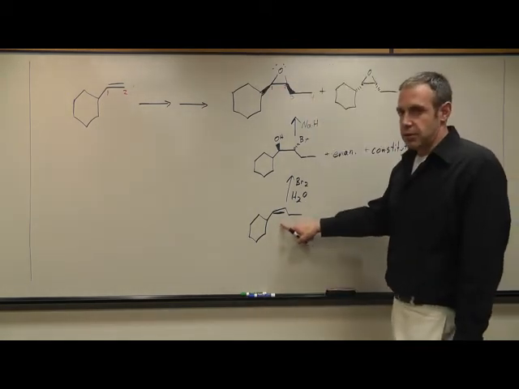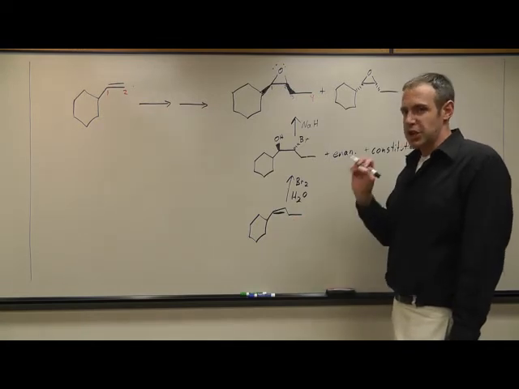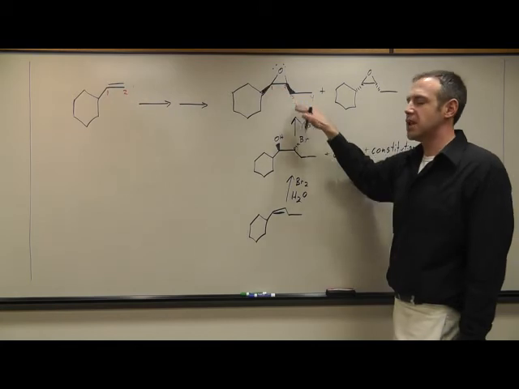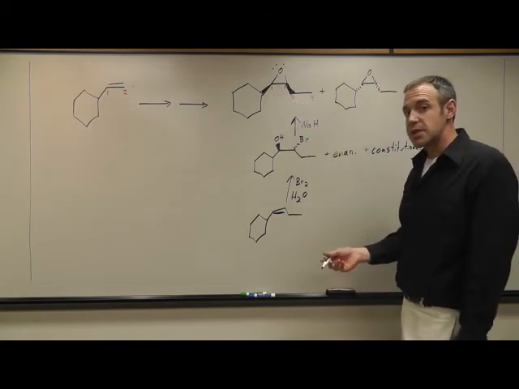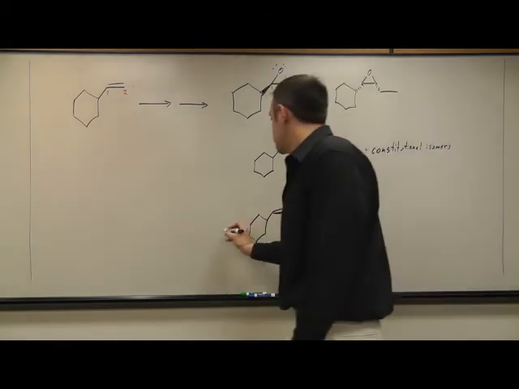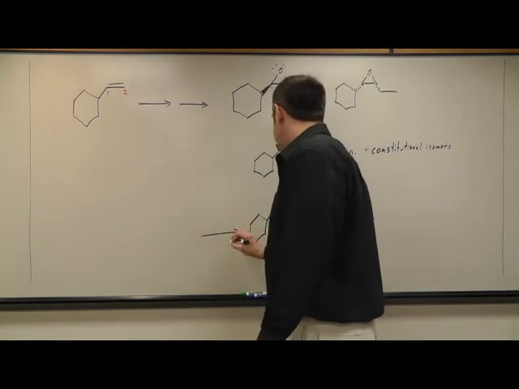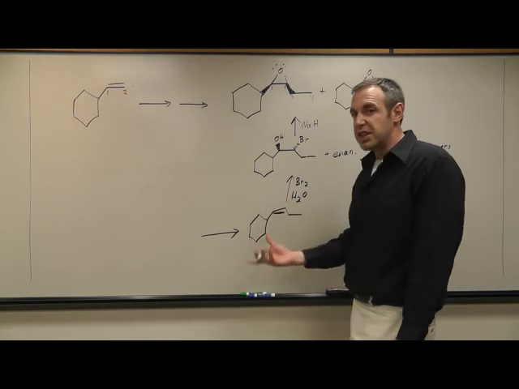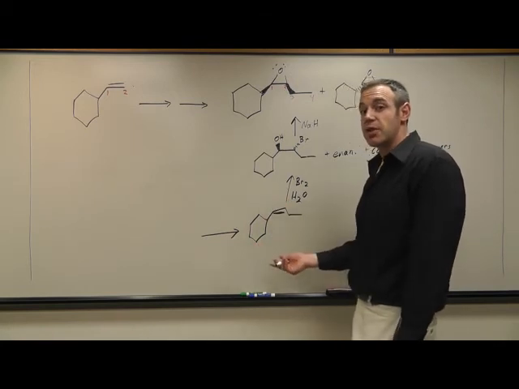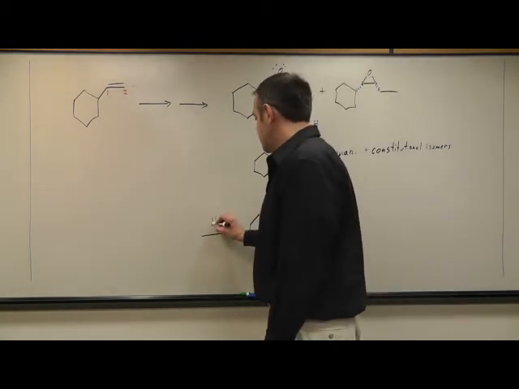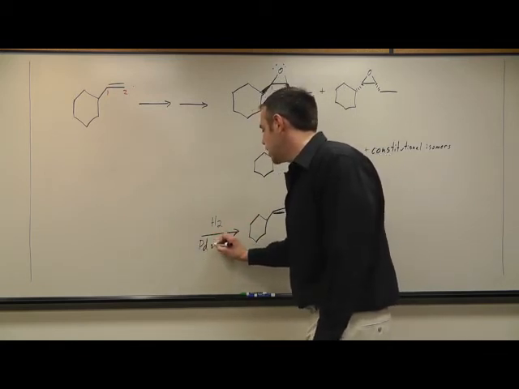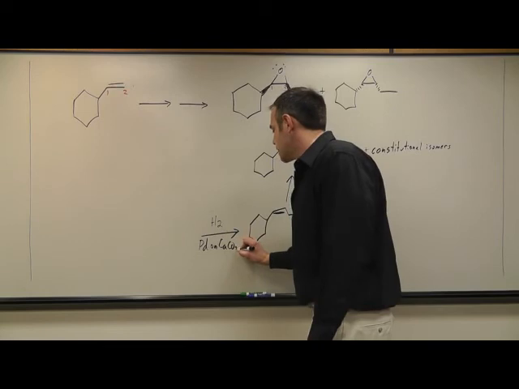Something should jump out at you when you see specifically a cis alkene. It must be cis so that these can be cis. Cis alkenes come from alkynes. So whenever you see a cis alkene, you should think Lindlar's catalyst and hydrogenation. So this is H2 with Lindlar's catalyst, which is palladium on calcium carbonate.